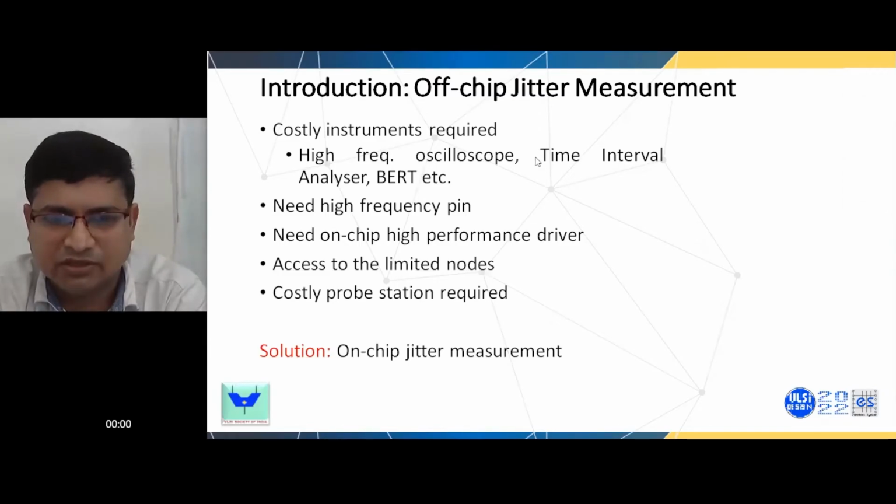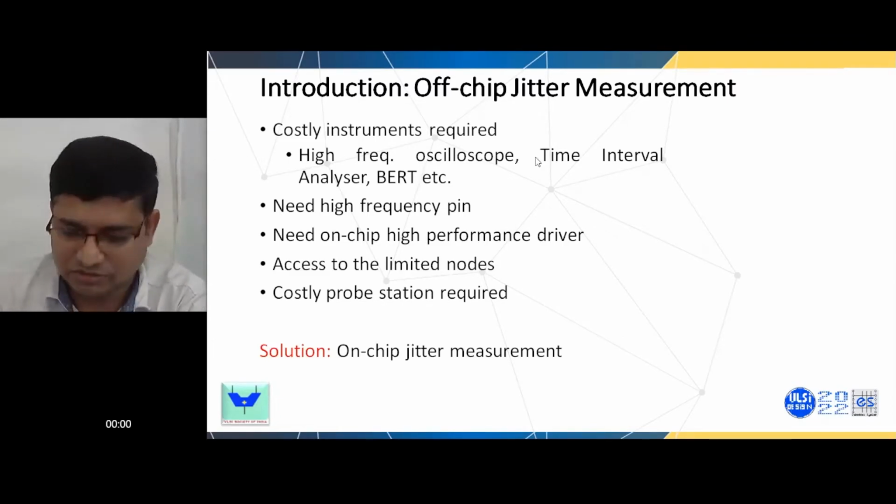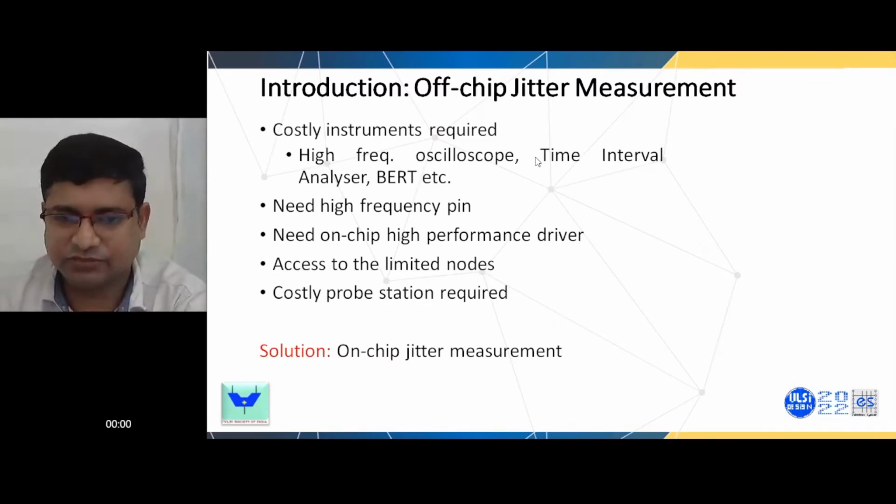That's why off-chip jitter measurement is not preferred, and sometimes it does not give the correct result. On-chip jitter measurement is one of the best methods, because inside the chip we measure the jitter, convert it to some other form, and easily measure it at the output of the chip.